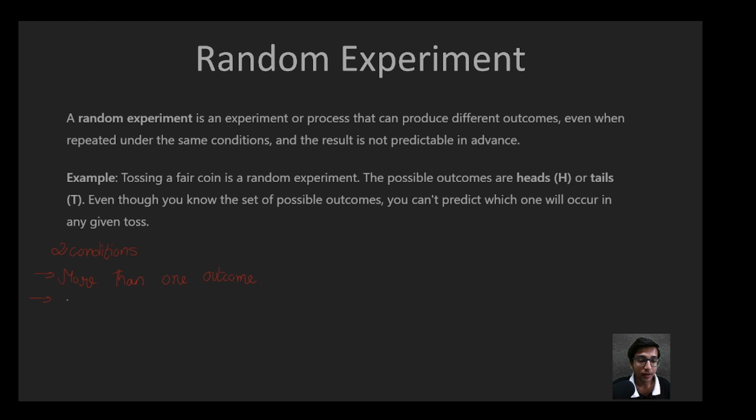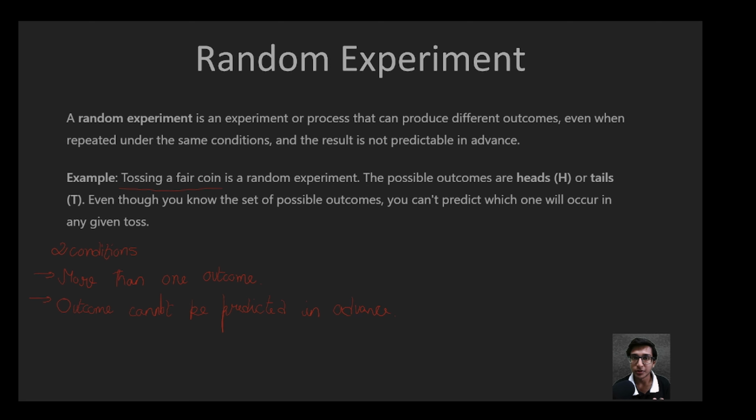And the outcome cannot be predicted in advance. So this is what we call a random experiment. For example, tossing a coin. So how many outcomes are possible here? 2, of course.